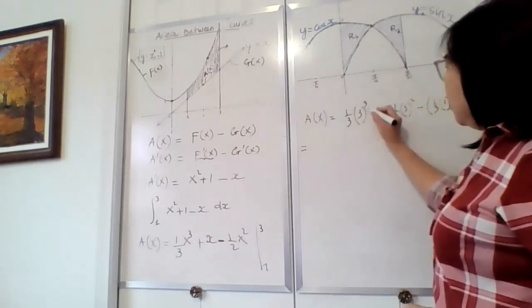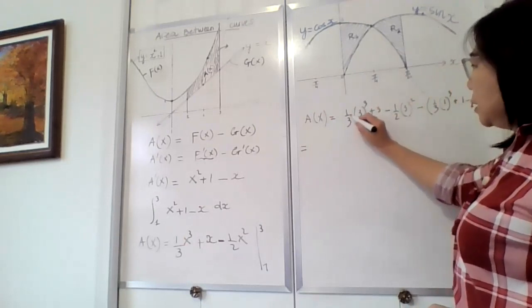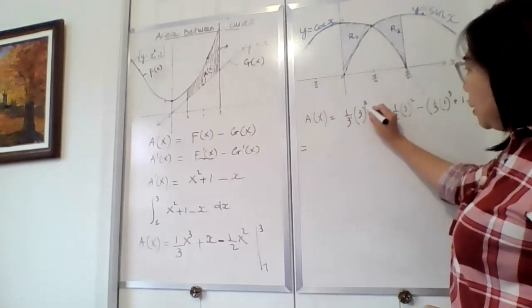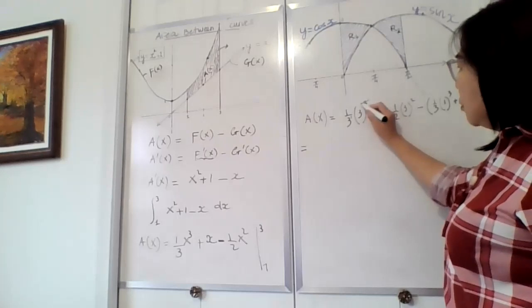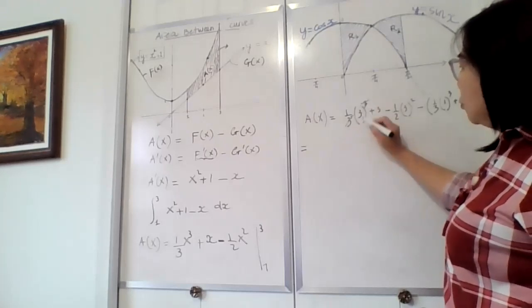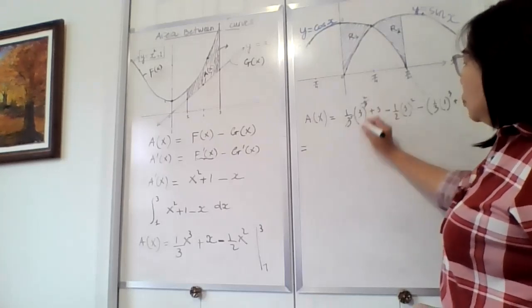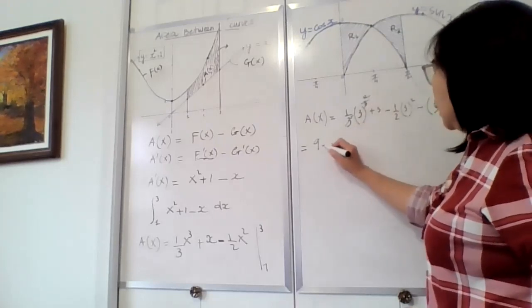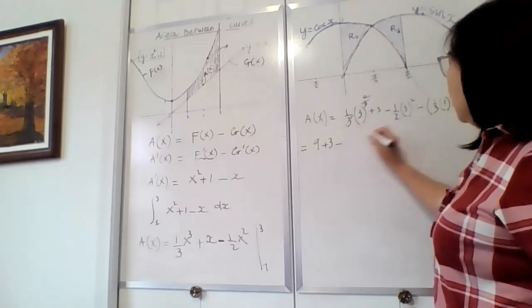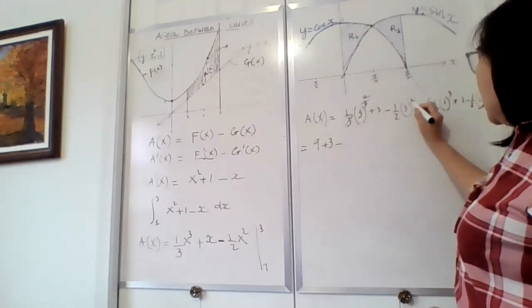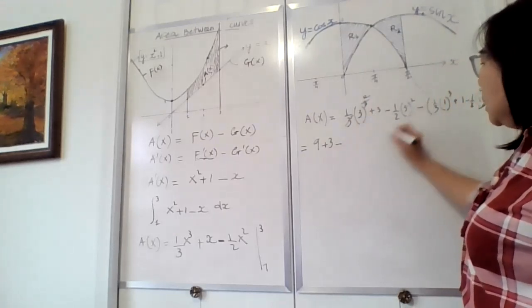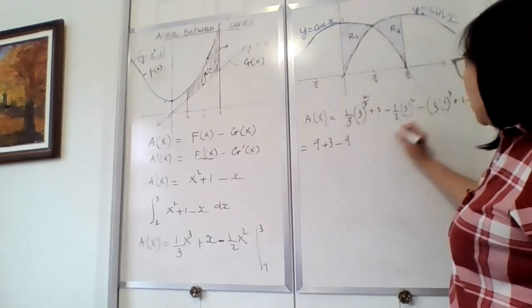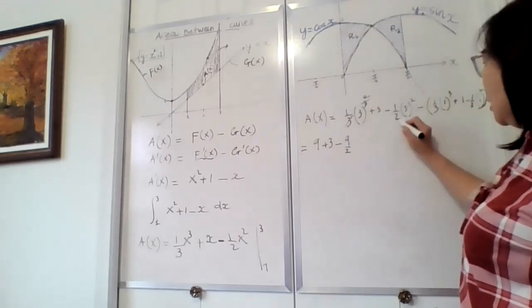So how much will it be? Now, this is 3 to the power 1, this is 3 to the power 3. I can cancel this with down here and make this 3 to the power 2. And 3 to the power 2 is just 9. Adding 3, minus 3 to the power 2 is 9, minus 9 divided by 2, right?